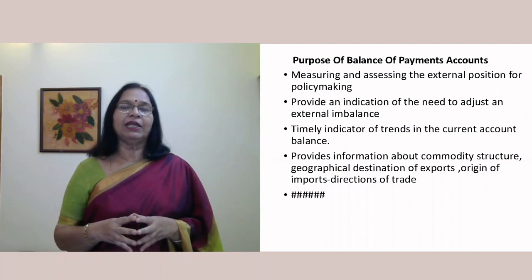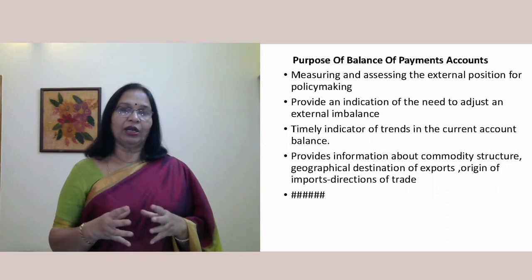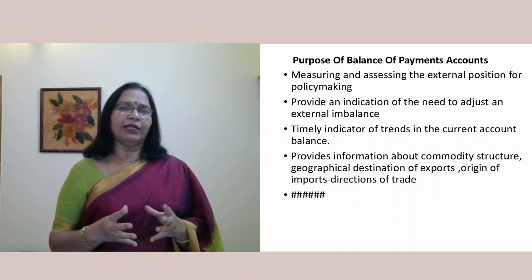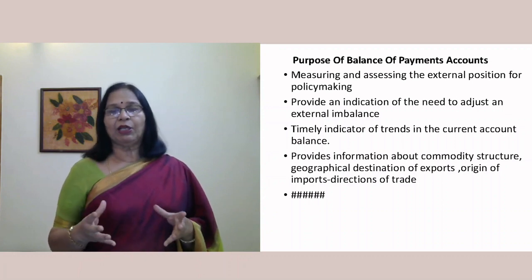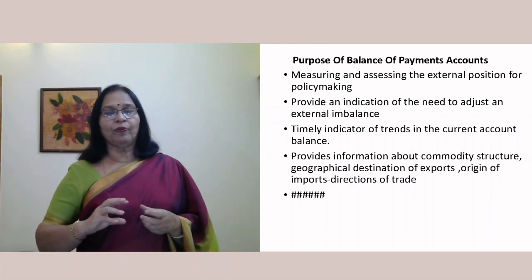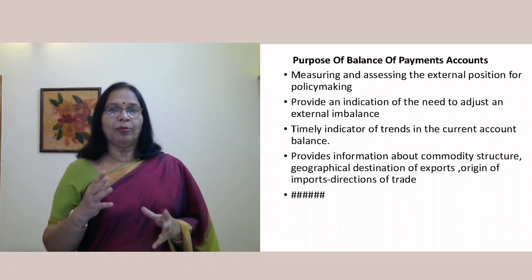Then it provides an indication that there is a need to adjust its foreign exchange, foreign balance. For example, in 1991, the balance of payment position very clearly explained to the country that there is a need to make some changes in the external balance to balance the economy.